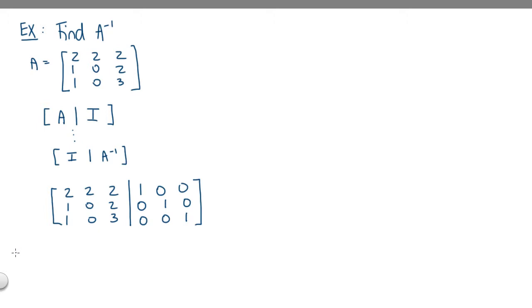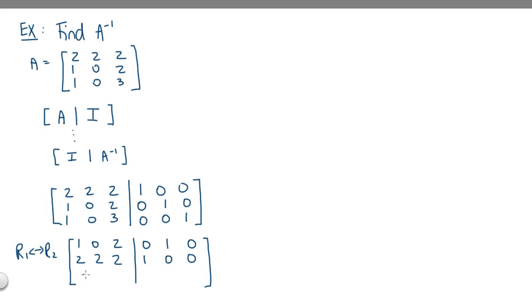So let's switch row 1 and row 2. So that whole second row, including the right side of it, is going to come up to the top, and our original first row is going to move down now into the second row. And as we do that, the third row won't be changing.